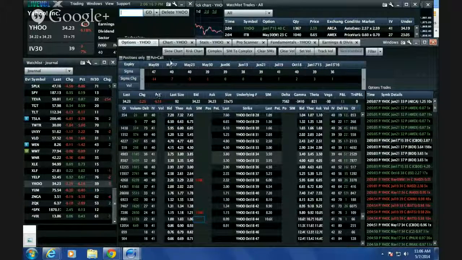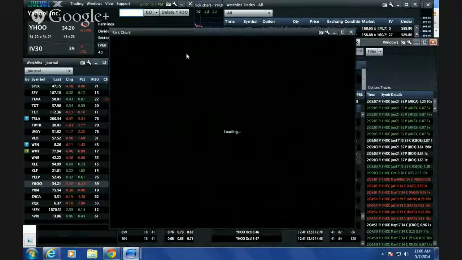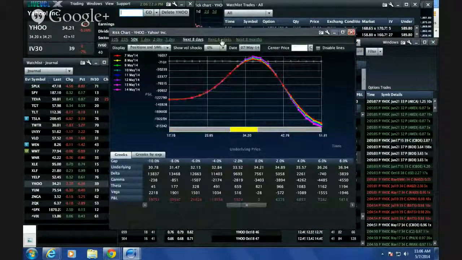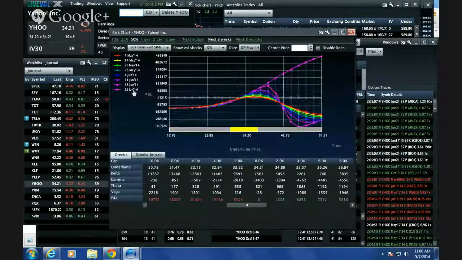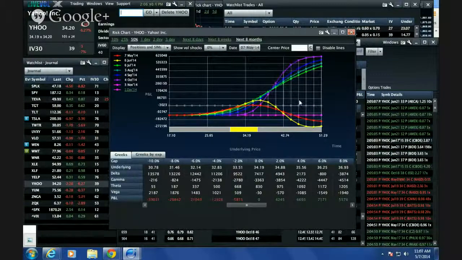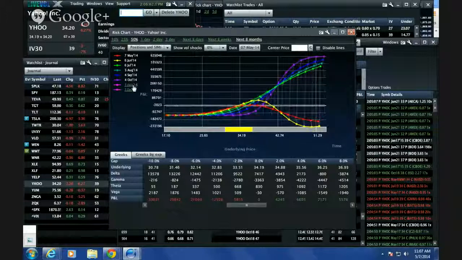and then you click on the risk chart, and you'll see what this person's trade is, right? Basically, what this person is betting on is Yahoo. Let me actually go longer. I'll take out this one.